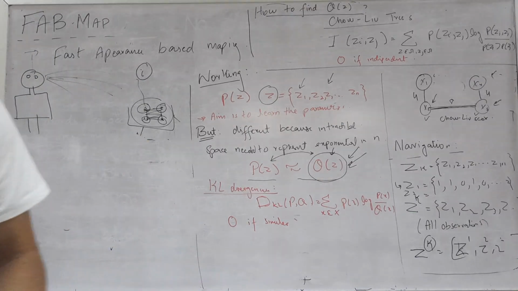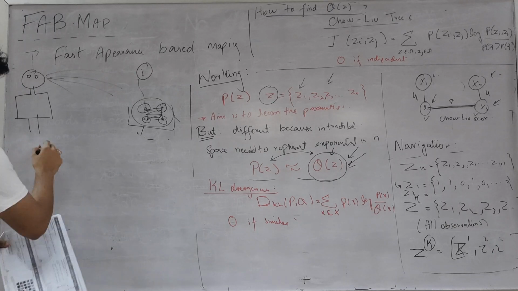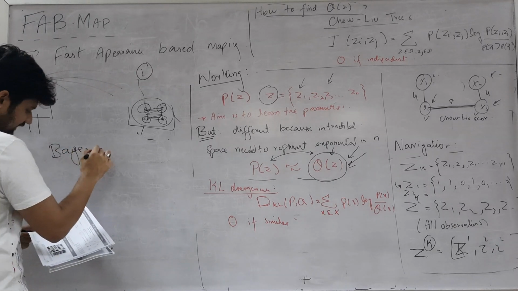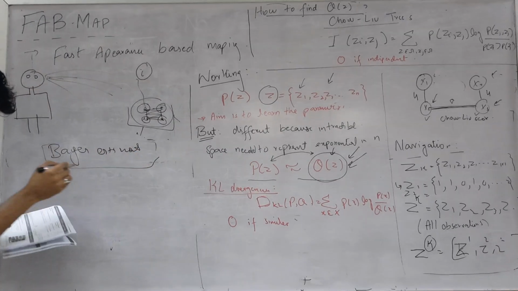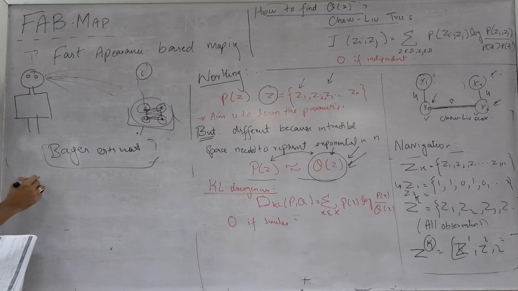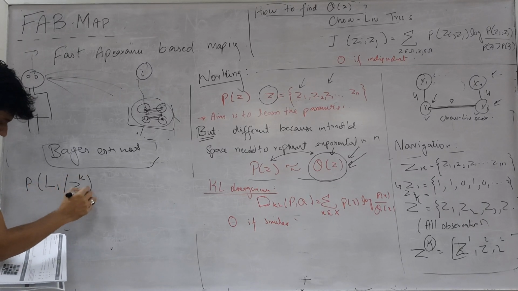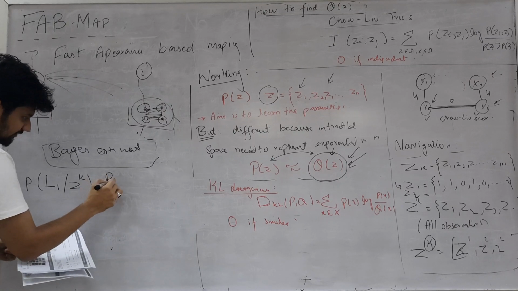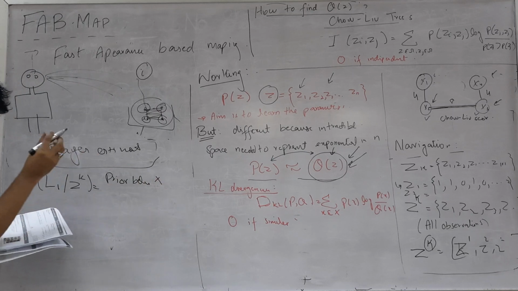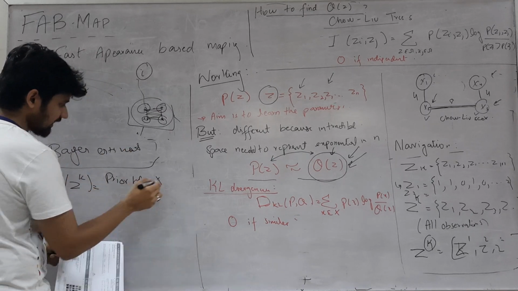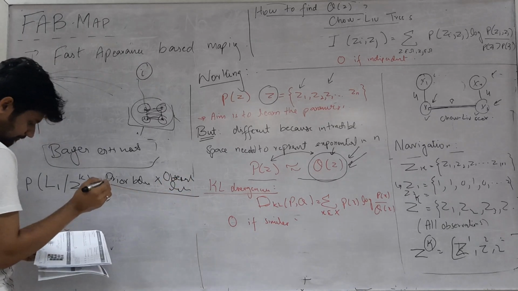We will use the same Bayes estimation for location update, which says the probability of a new location given your environment is equal to the prior belief multiplied by the observation likelihood, divided by a scalar.